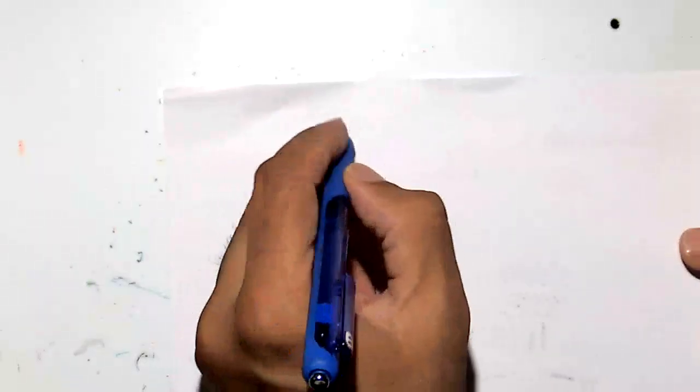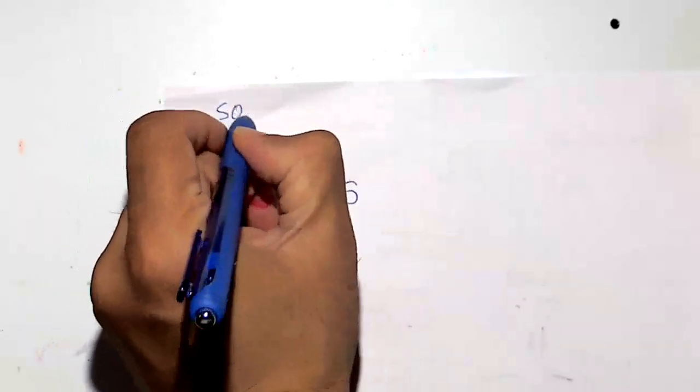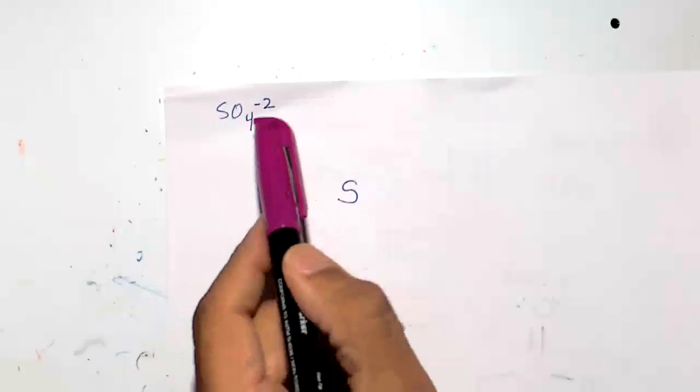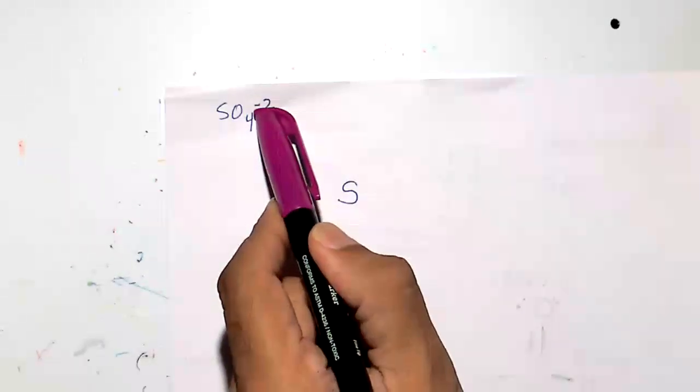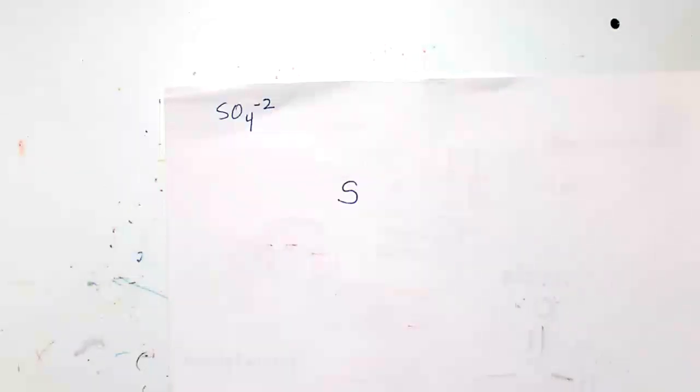Okay, so I'm going to use this piece of paper here because I want to show you something about the sulfate. So how are we going to do this? If you remember in lecture, how can we get a minus on an oxygen? Not only one minus, but we need two minus.